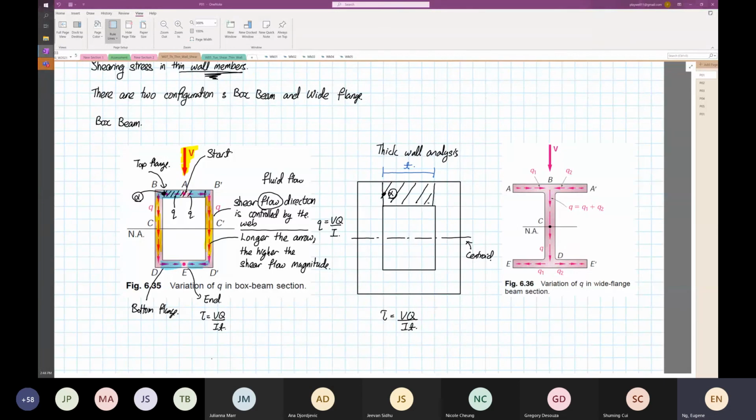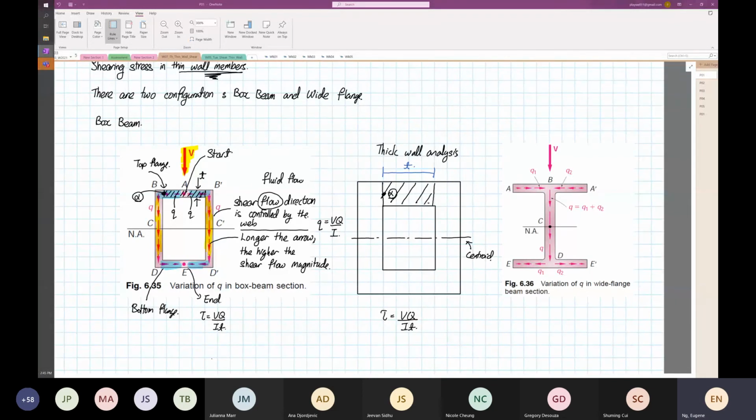This is the similarity: the first moment of area is the same. Now the thickness is different. In thin wall analysis, the thickness is in this direction. Can you see the difference now? For thin wall analysis, the thickness of the wall is the vertical section, whereas for thick wall it is the horizontal. Big difference, yes?